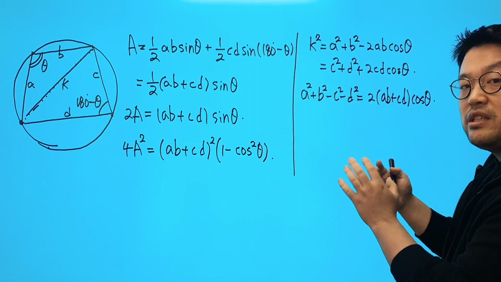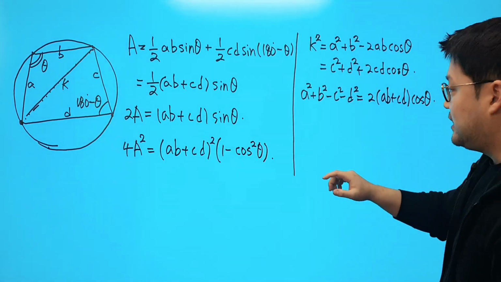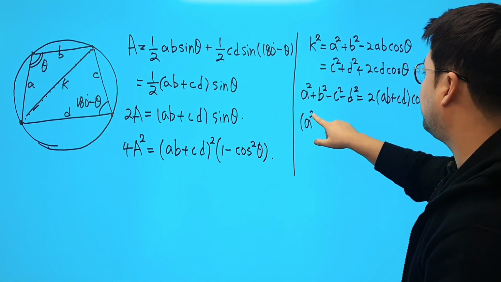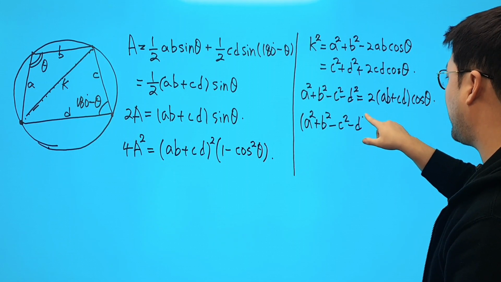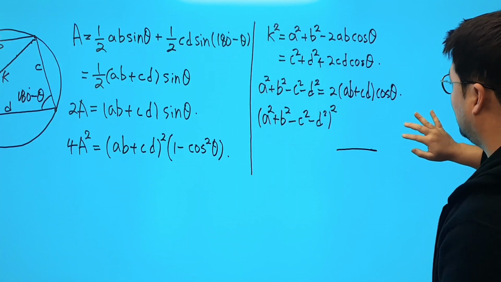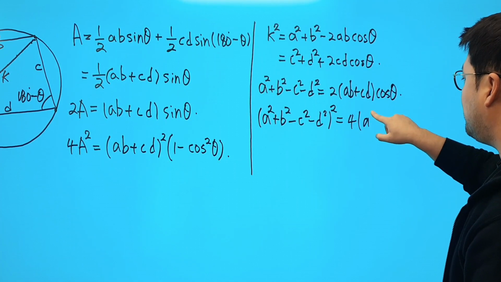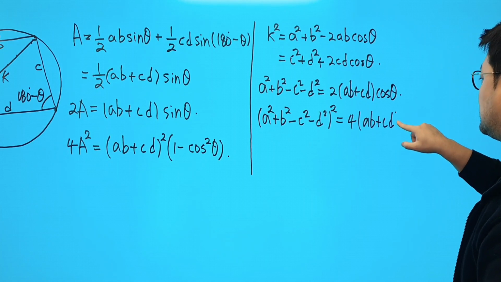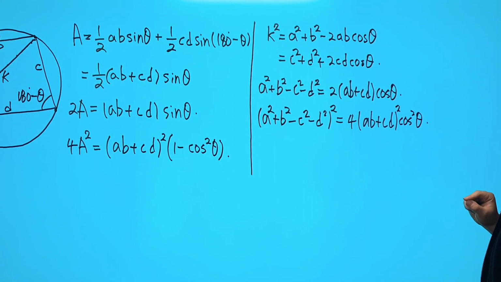So probably it's best if I just rearrange all of these by squaring both sides. If I square both sides, I get A squared plus B squared minus C squared minus D squared, all squared. And obviously that turns out to be 4 times AB plus CD squared times cosine squared.